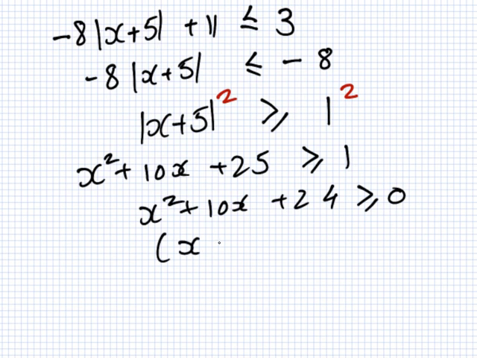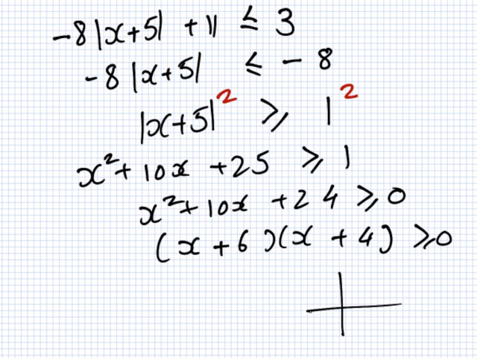No. Not 12 and 2. 6 and 4. Yeah. So it's going to be x less than or equal to minus 6 and x greater than or equal to minus 4.